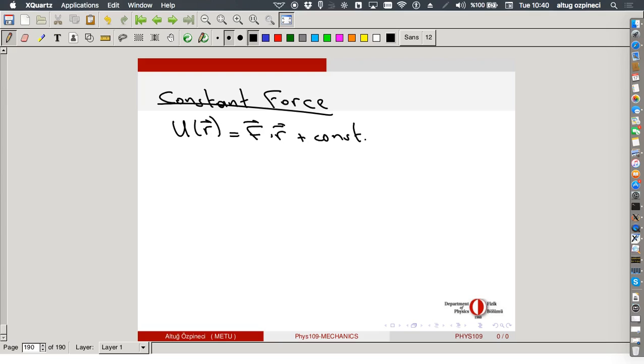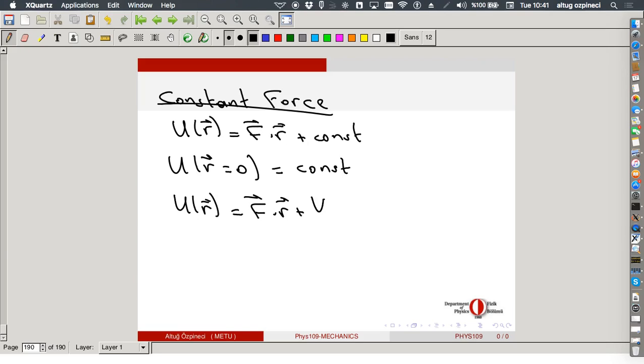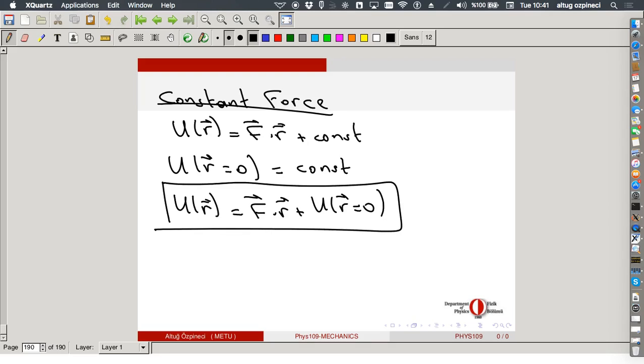Basically, if you just say U of R is equal to 0 at R equal to 0, this constant is just 0. So the potential energy at an arbitrary point is this one. Now, what will be the value of the potential at R equal to 0? I don't know.